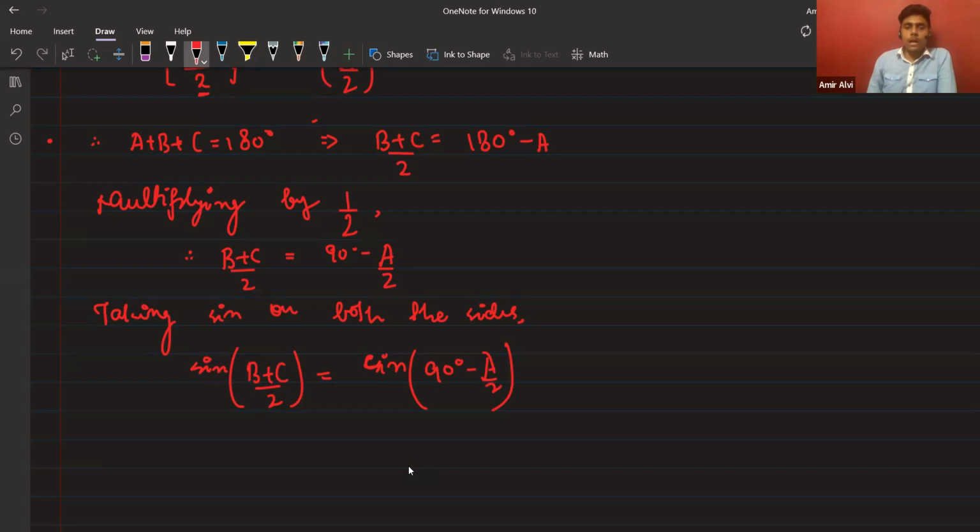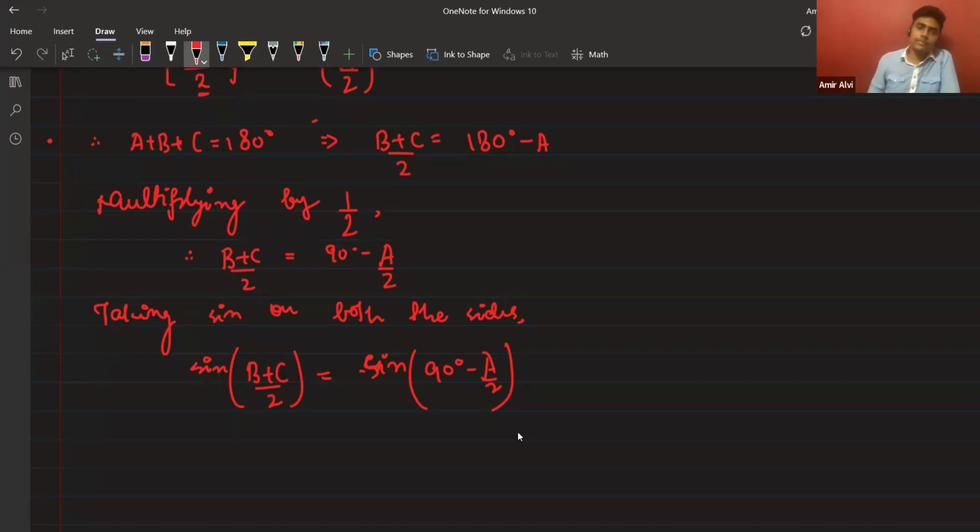Yes, sir. Now Faiz, please tell me, sine of 90 minus theta is what? Cos. Sine 90 minus theta. No, Faiz, we are talking about complementary angles. Adil, sine of 90 minus theta is cos theta.